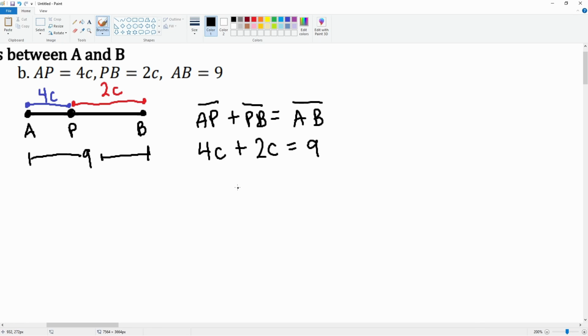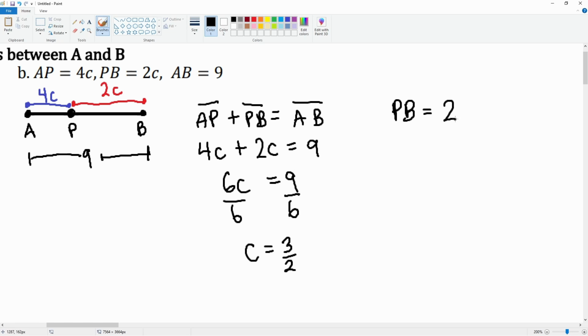So 4C plus 2C is 6C. That equals 9. We divide both sides by 6. C is equal to 9 over 6, which can be simplified to 3 over 2. Now we want to find PB. PB is equal to 2C.